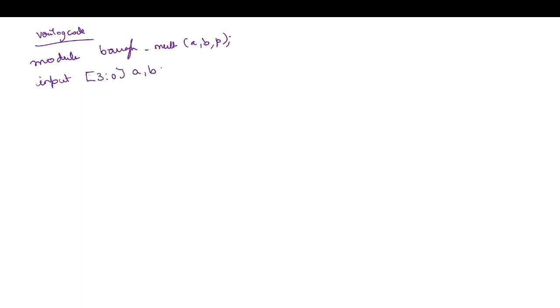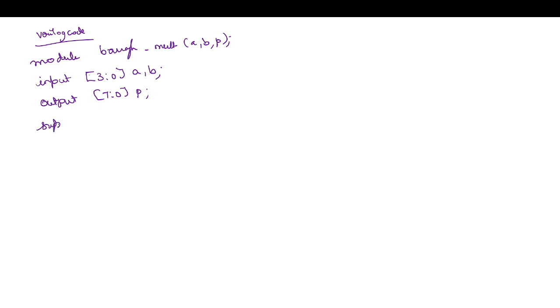So Verilog code. We have the module name and then inputs are 4-bit, 3 down to 0, 4-bit A B, and then the product term will be 8-bit, so 7 down to 0 product.